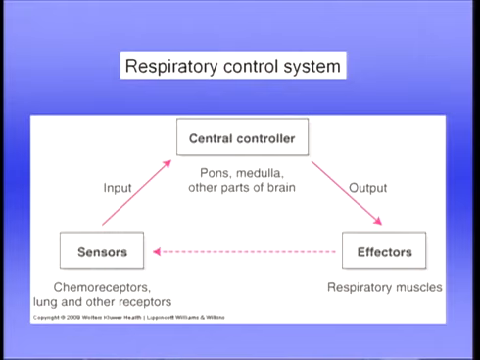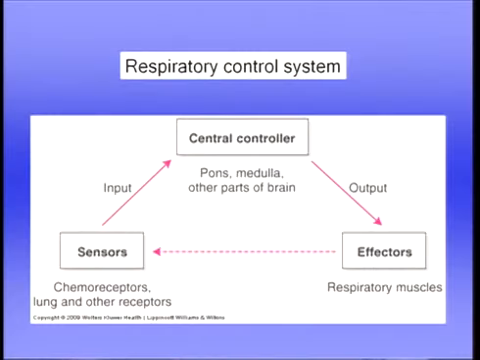These sensors send an input to the central controller in the brain. The central controller, as we'll see, is mainly located in the brain stem, the medulla and the pons, but there are also influences from other parts of the brain. That's where the information from the sensors is processed and the brain works out what the body really wants in terms of gas exchange.